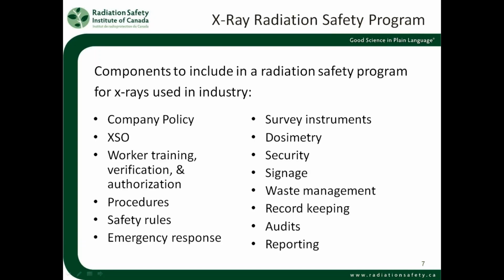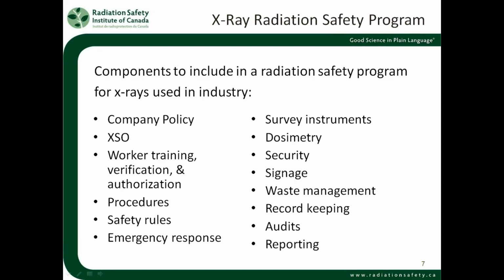Some components that should be included in a radiation safety program for use in industry can include this list. We can have company policies, requirements for X-ray safety officers, which I will go into in a bit more detail, procedures, safety rules, requirements for worker training, verification, authorization, dosimetry, security, what sort of signs we need, what we are doing with our equipment when we're done with it, and record keeping, all sorts of things.